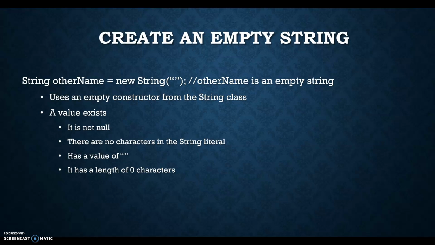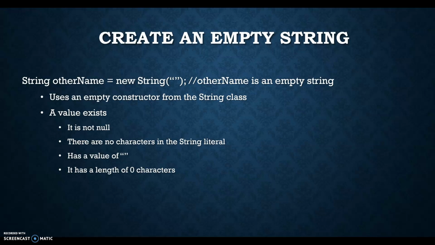Creating an empty string. An empty string is different from a null string. An empty string creates the object. An empty string is a string that has a value of two quotation marks with nothing between them, and its length is 0. You'll notice that there's nothing between the open and closed quotation marks, not even a space. It may seem like a null string and an empty string are the same thing, but they're not, and the difference is subtle. The empty string has a value, and the null string does not.